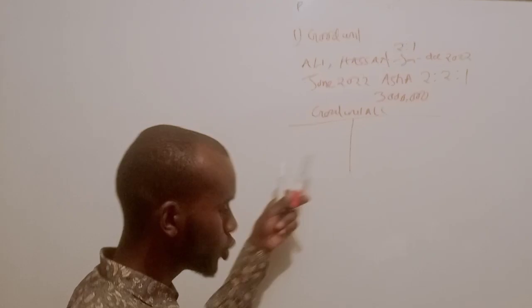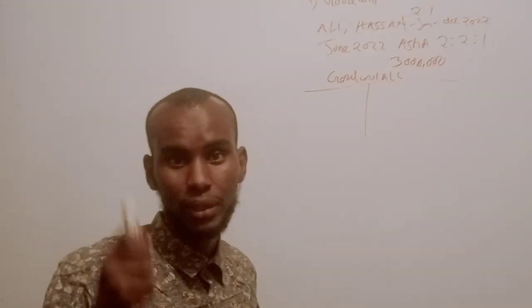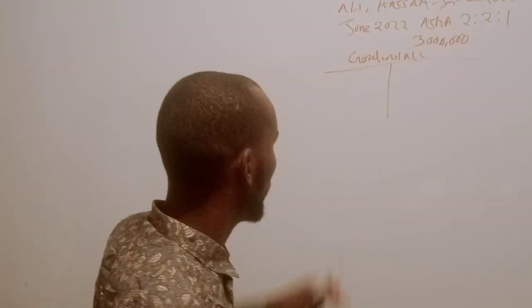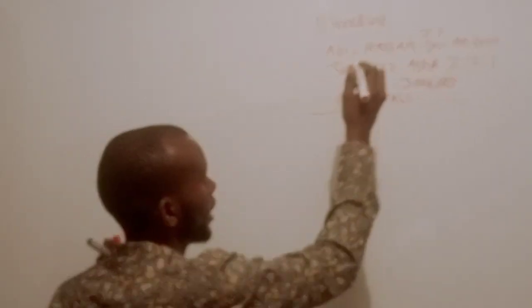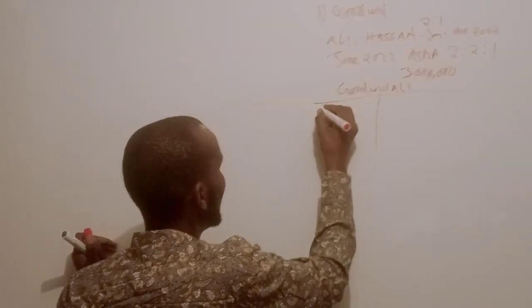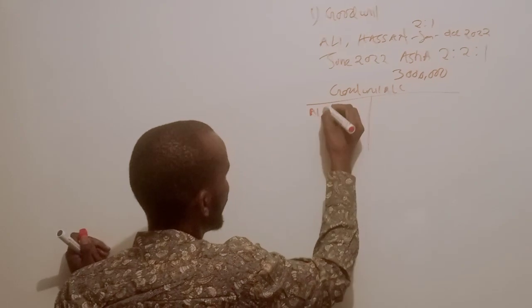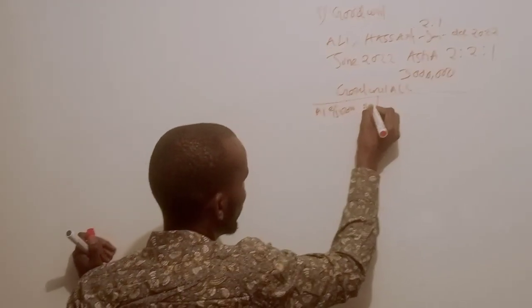Whenever we have a goodwill, it will affect 2 things: the goodwill account and the partner's capital account. Let's say the goodwill was 3 million. That means this goodwill will be shared by the 2 partners. Ali will get 2 over 3 times 3 million, that will be 2 million.